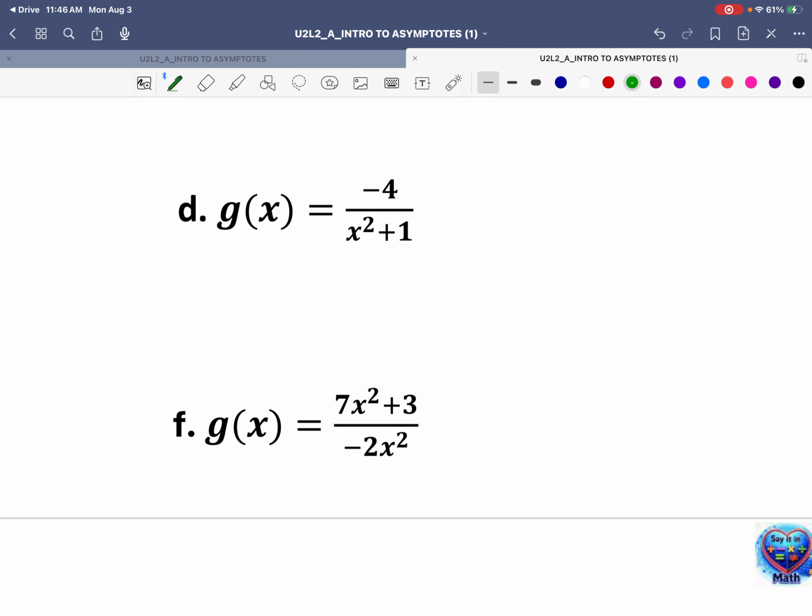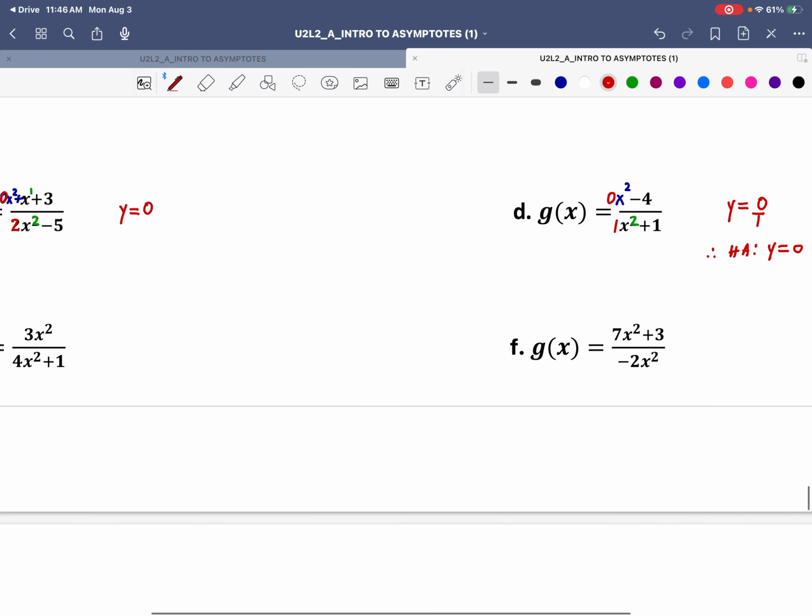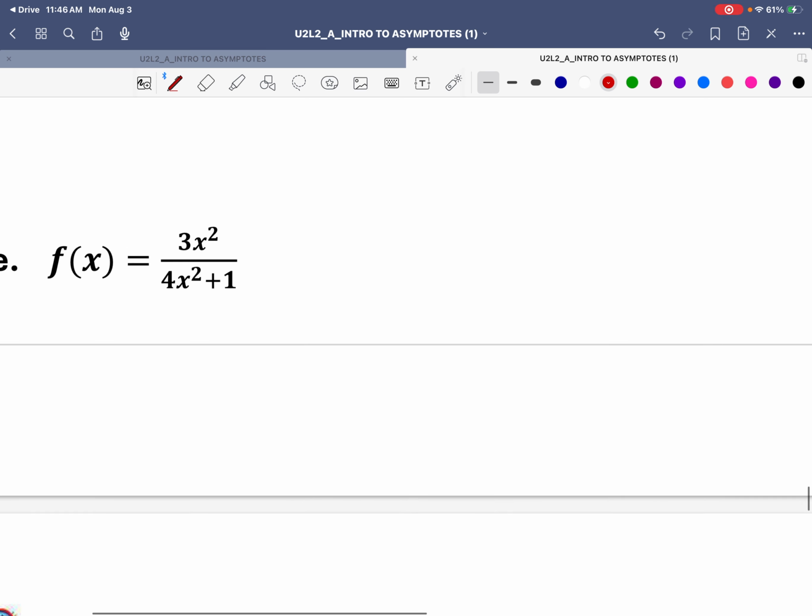Here we have power of 2. This is a constant. If I had to have an x to the power of 2, I would have to give a coefficient of 0. So y equals 0 over 1, or y equals 0. Next, we have power 2, power 2, straightforward, leading coefficient ratio is 3 over 4.